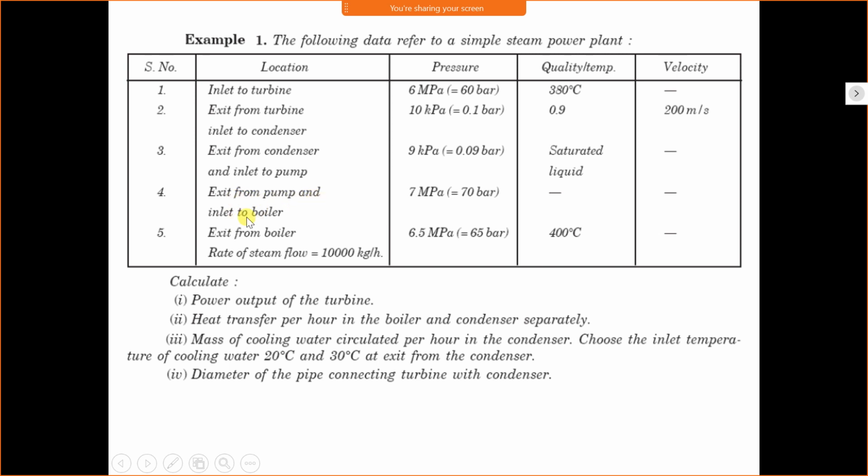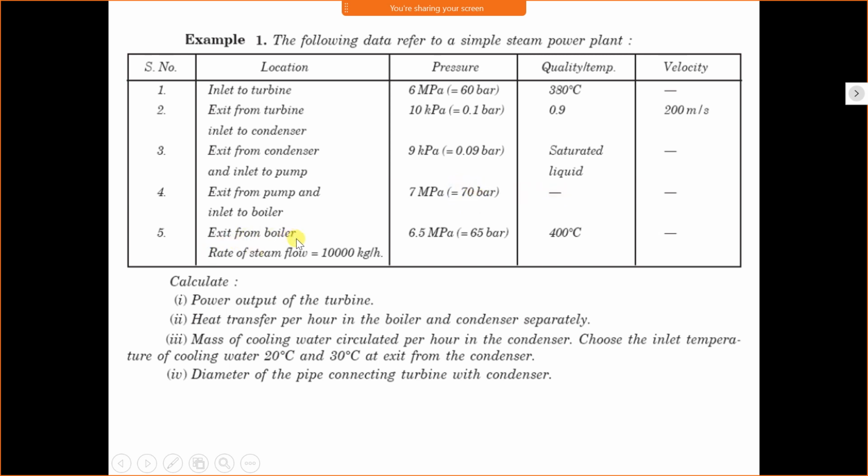Exit from the pump is inlet to the boiler at 70 bar. Look at here, it is subcooled liquid, therefore only pressure is given, temperature is not given.